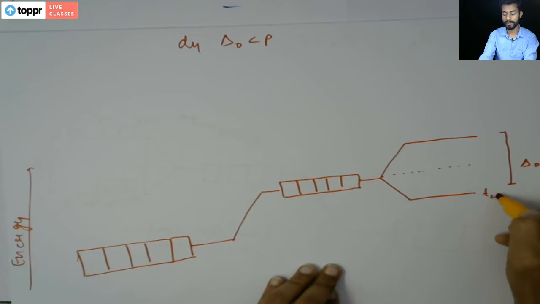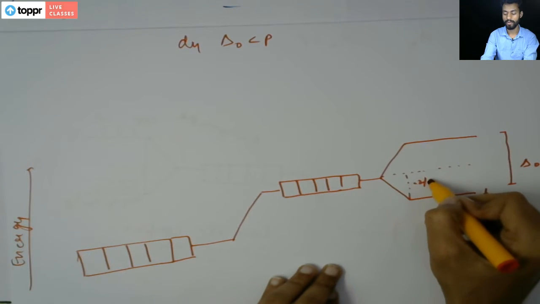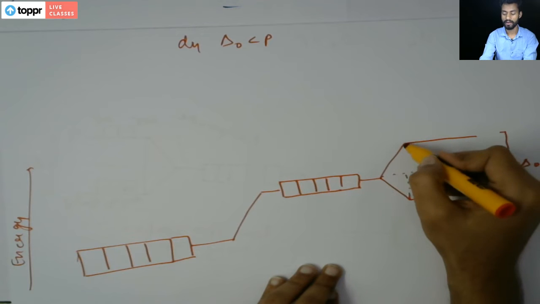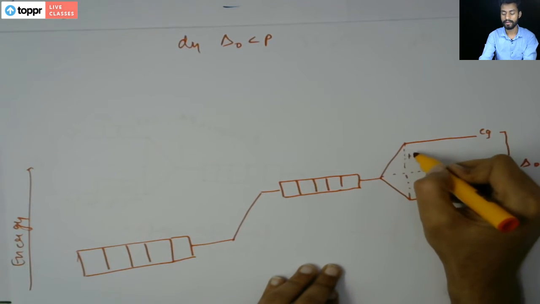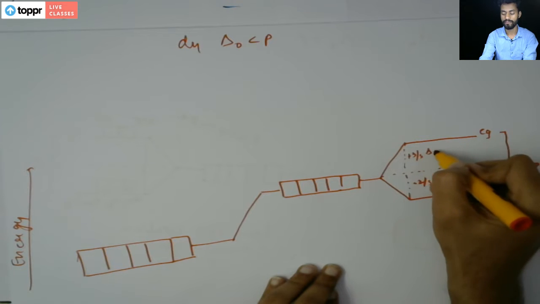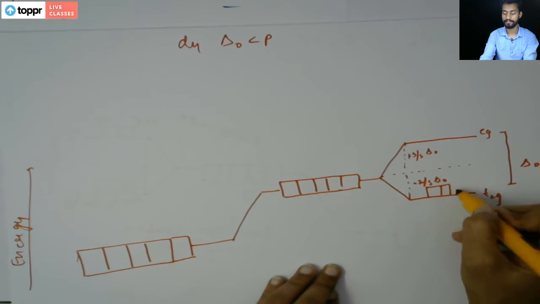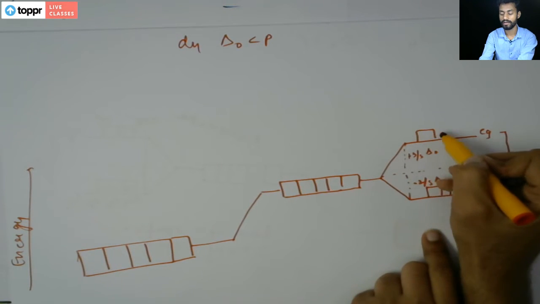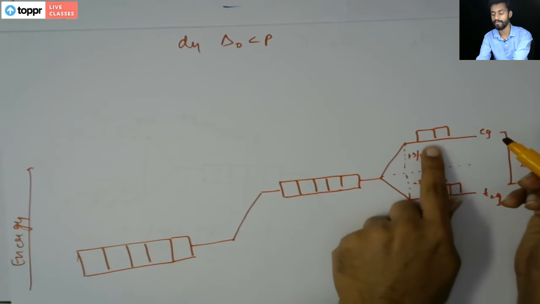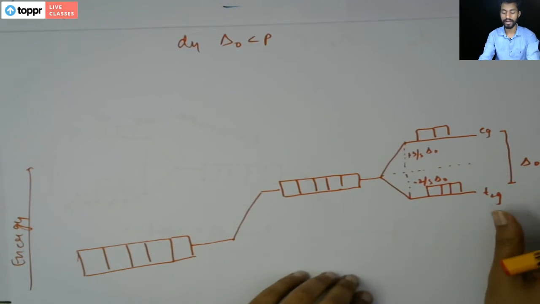The value of T2g will decrease by 2 by 5 of delta O, and the value of Eg will increase by 3 by 5 of delta O. We have 3 orbitals, dxy, dyz and dzx, and 2 orbitals, dx square minus y square and dz square. Clear till now?